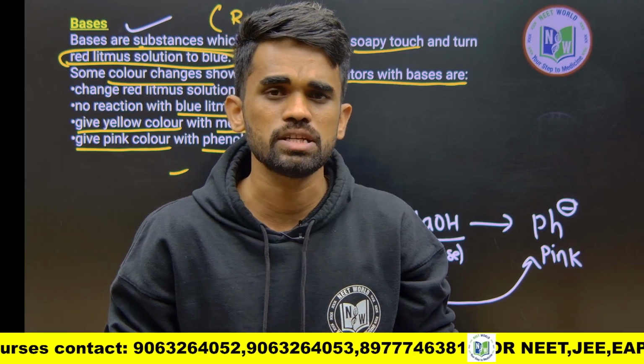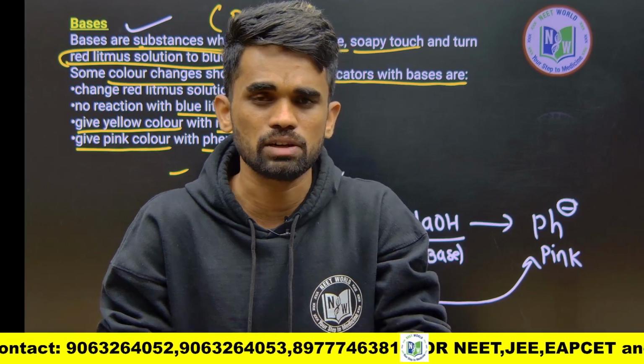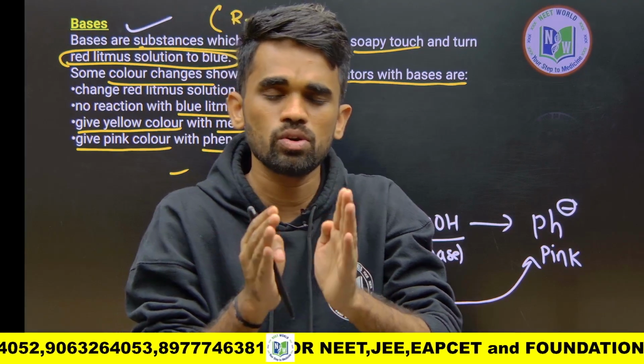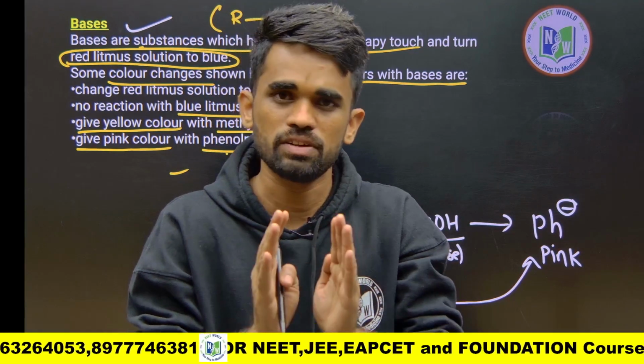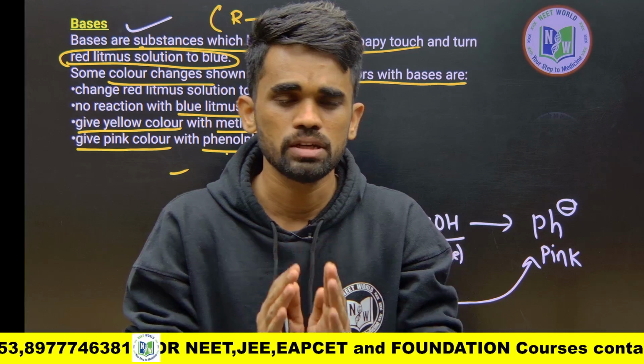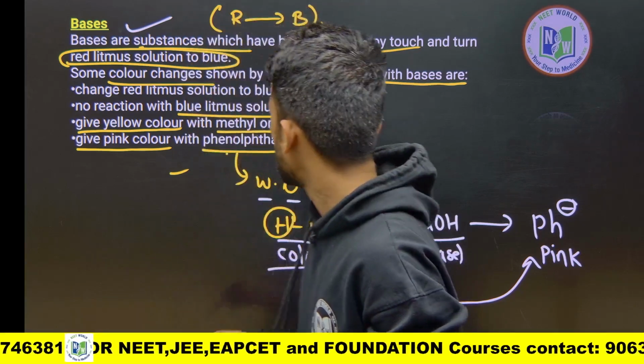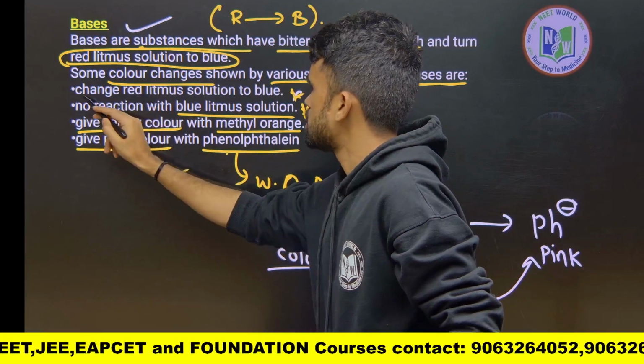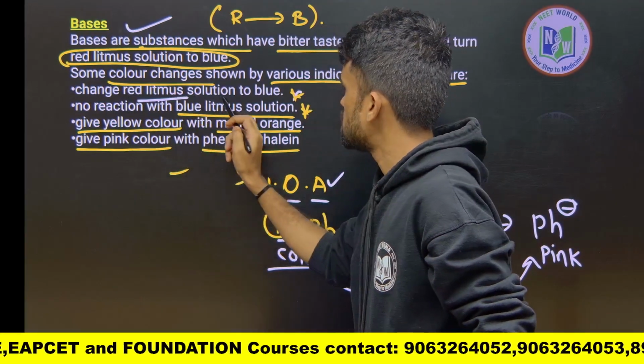Why is there no change? Because blue litmus won't react here. Only red litmus converts into blue color, whereas blue remains unchanged. It won't get affected here. So that is the point you should remember, whereas red litmus converts into blue.